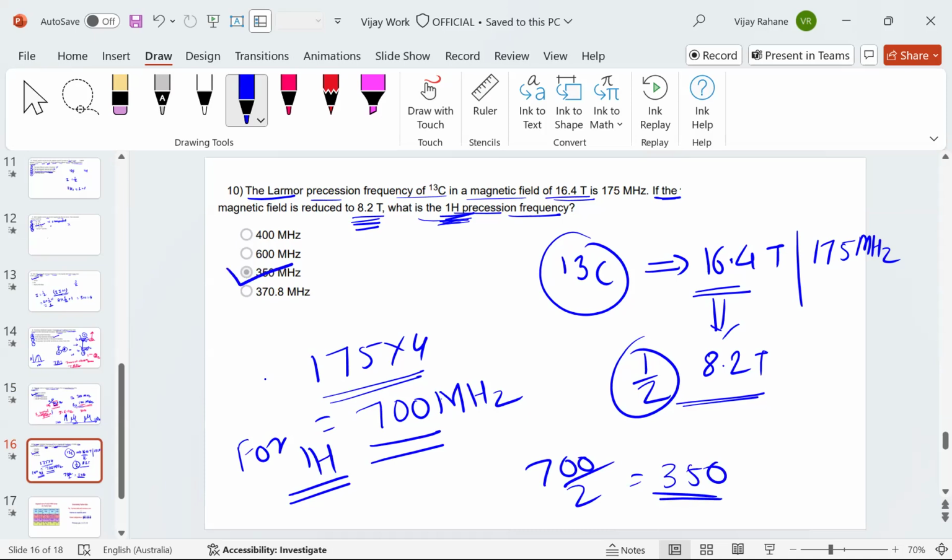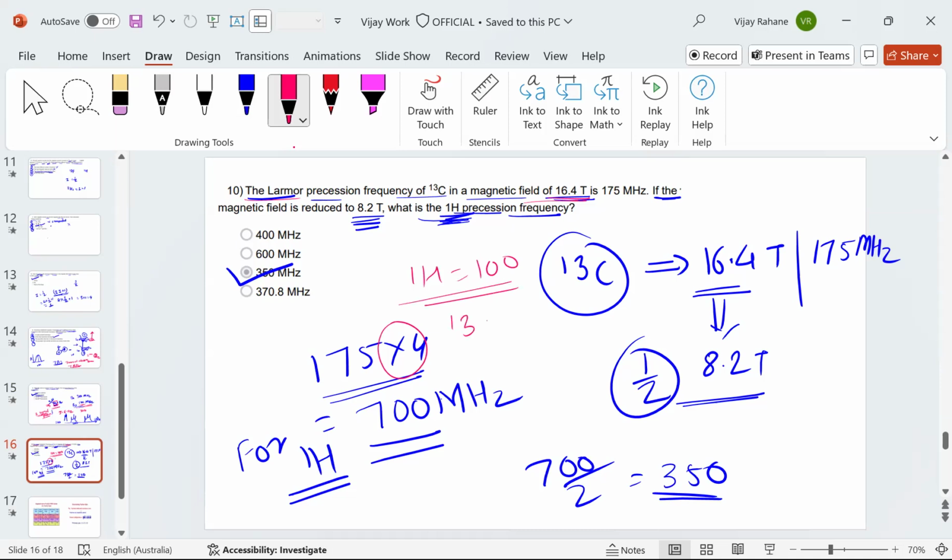So do you know why I have multiplied this by 4? No, sir, I'm not understanding why we multiply with 4. Because for the proton, the natural abundance of hydrogen, 1H, is almost 100%, right?